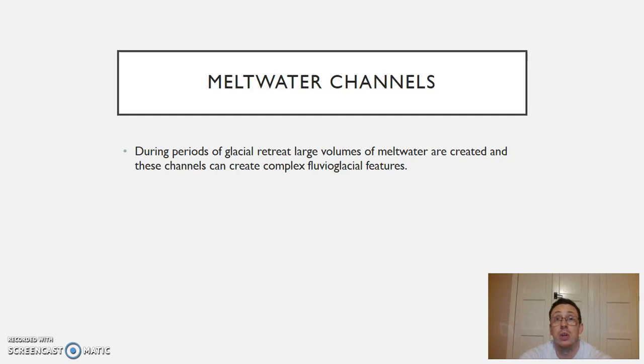That meltwater is going to flow away from the glacier, and it's got a huge amount of pressure behind it, so it can do a huge amount of erosive work. We're going to talk more about that in our video on glacial depositional features, and that really comes under some of our fluvioglacial features, so water as in fluvial, as in river, and ice as in glacial features there.